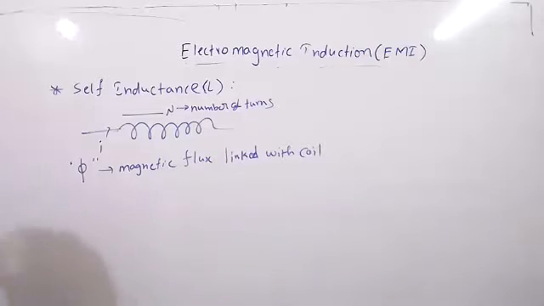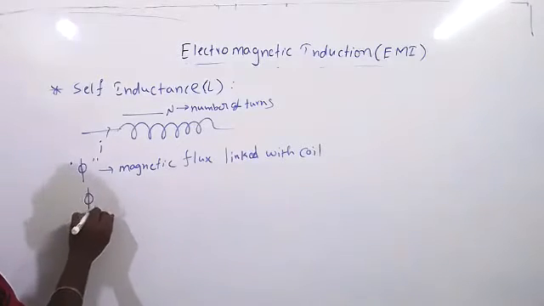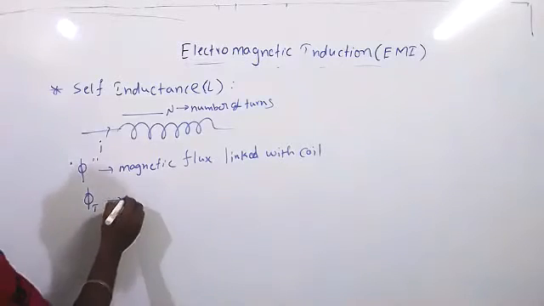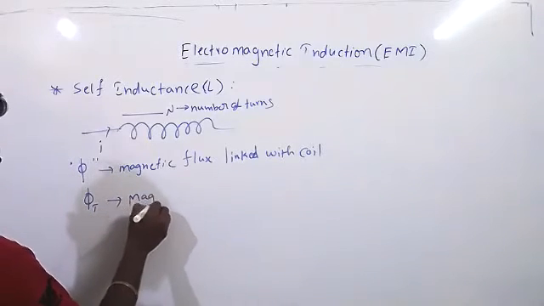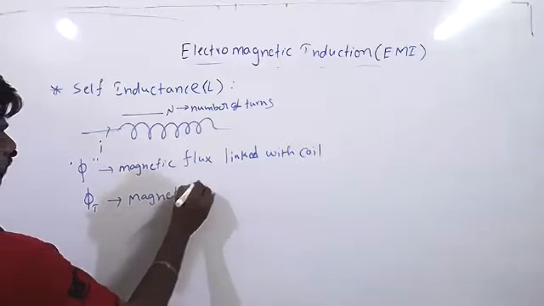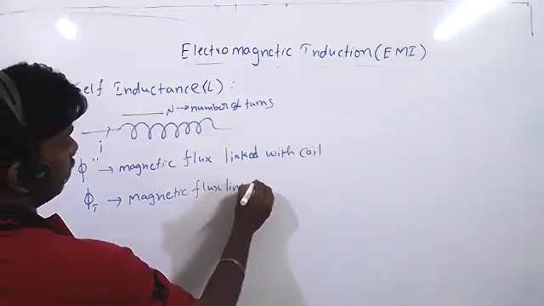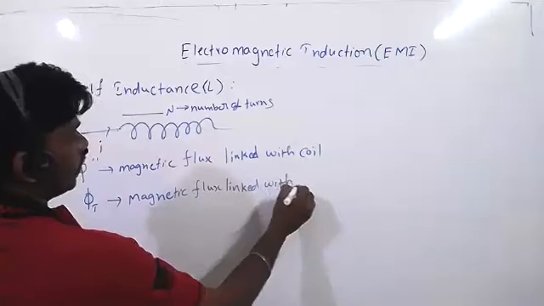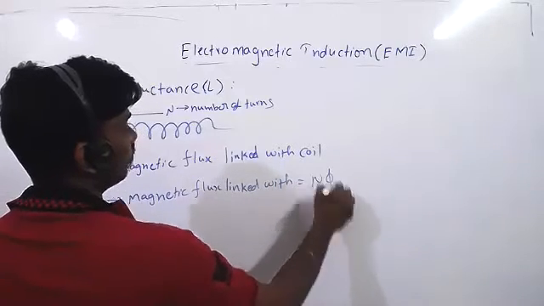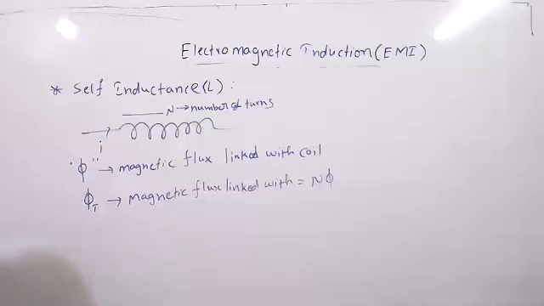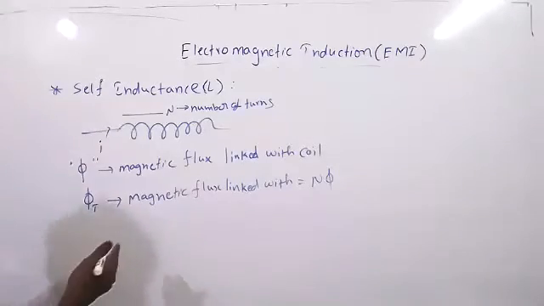Total flux. Total flux means the magnetic flux linked with N turns, that is N phi. Each and every turn has flux phi, so it is the total flux.